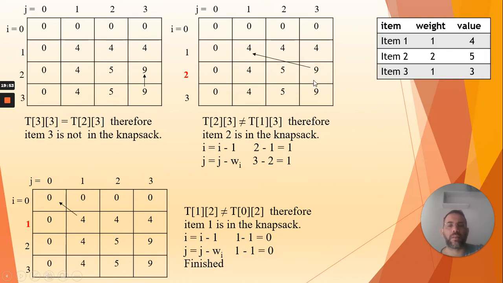The second step, we are here. We will compare the 9 with the 4. It is not equal. That means item 2 is included.